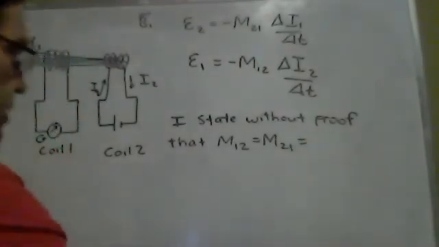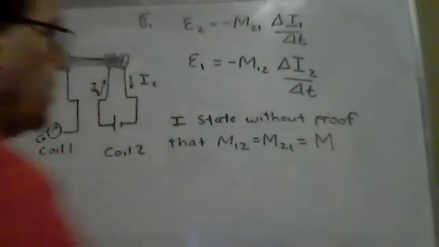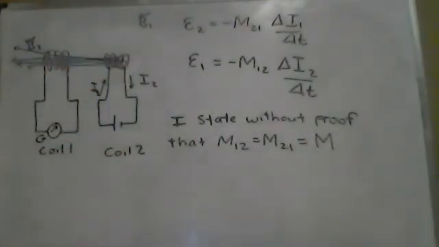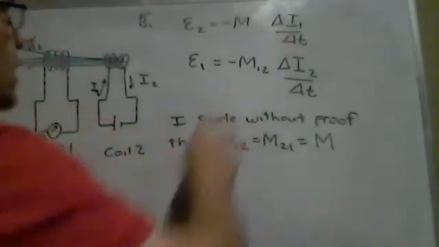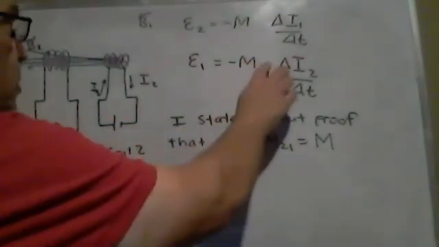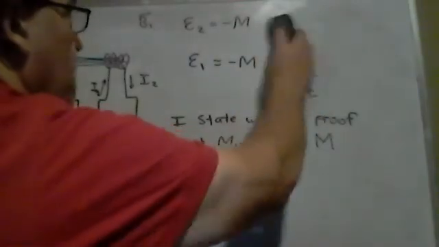Again, this is not obvious. This is true, and I state this without proof. I don't really state many things in class without proof, but this is beyond the level of this class for sure. And so what I can actually now write is that these are now M, times delta I1 with respect to T, delta I2 with respect to T.